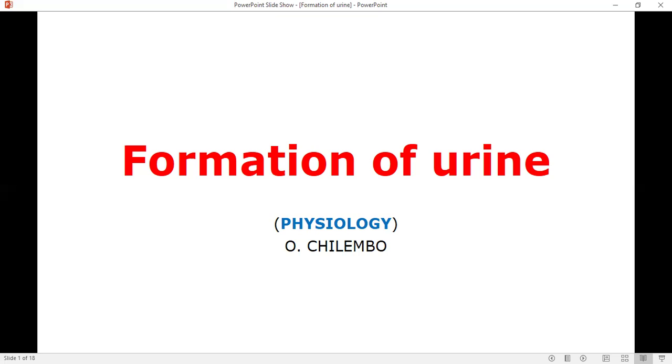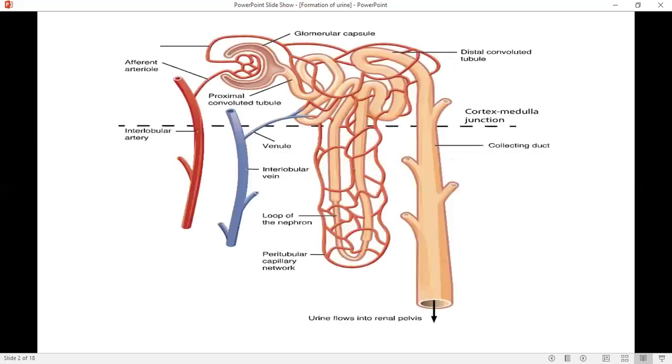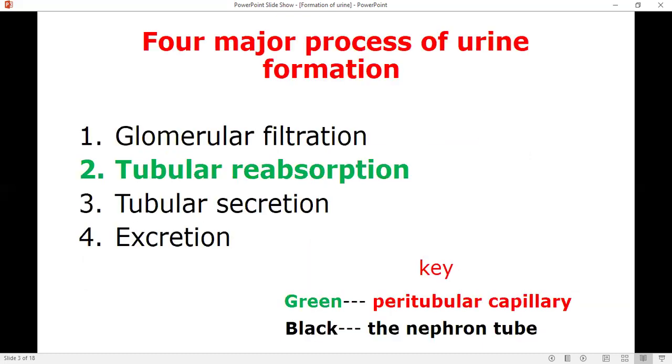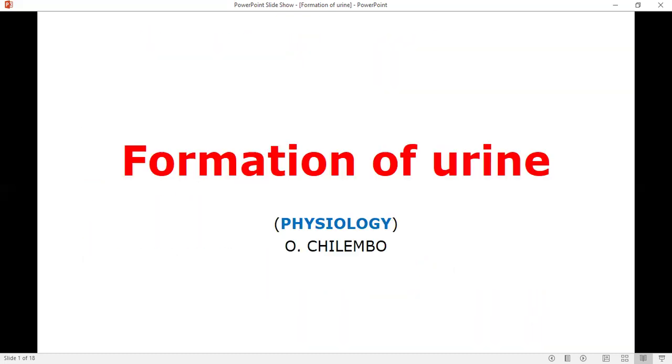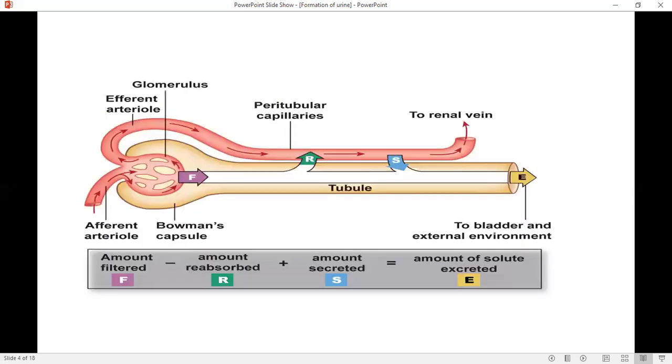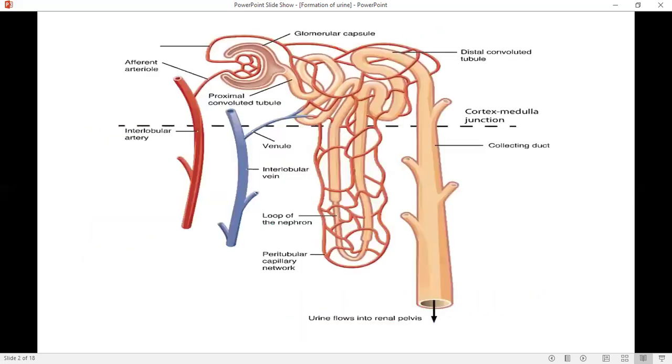Then the other one, secretion. Then the last one is excretion. So now I want you to get it in a simpler way. I want you people to understand it.